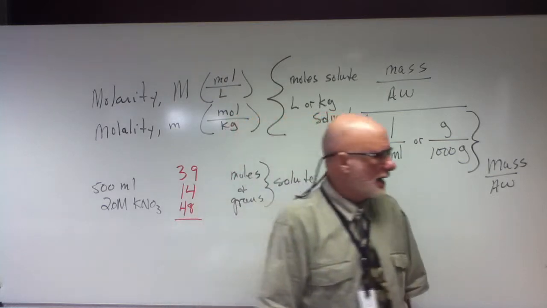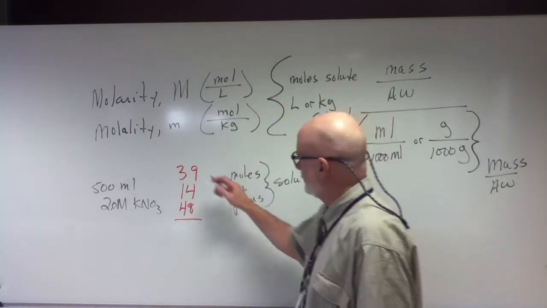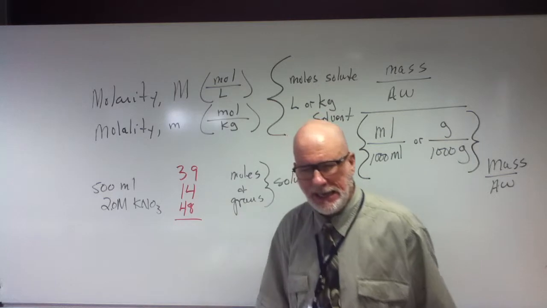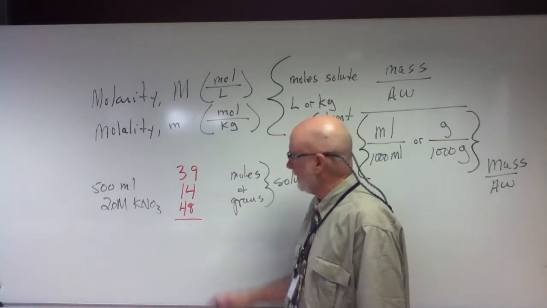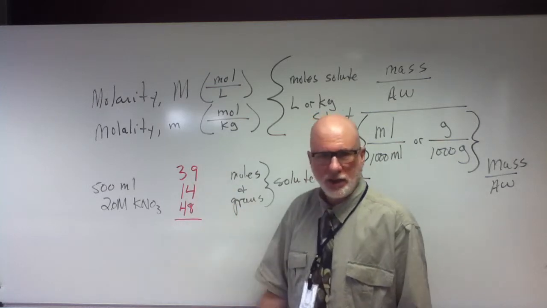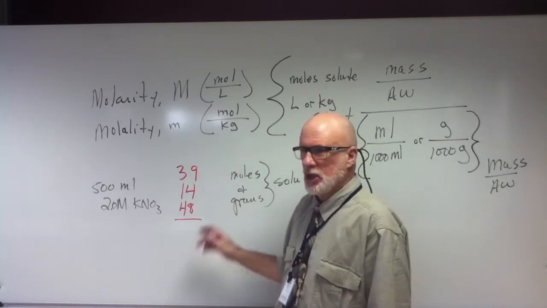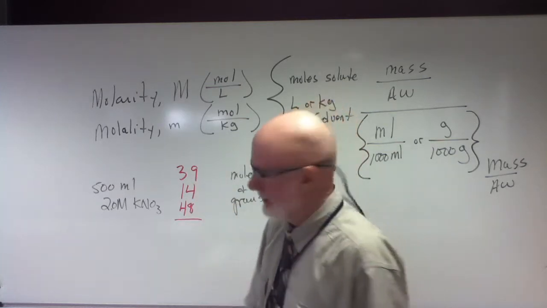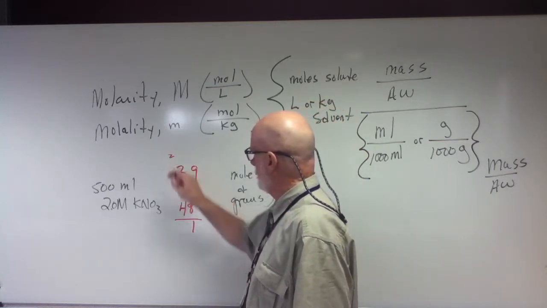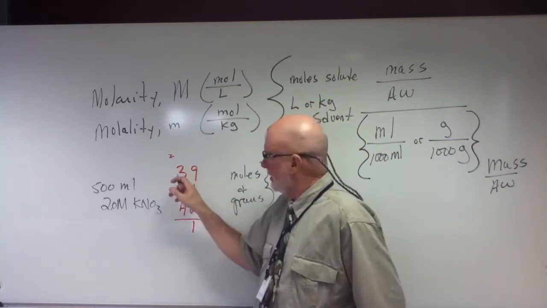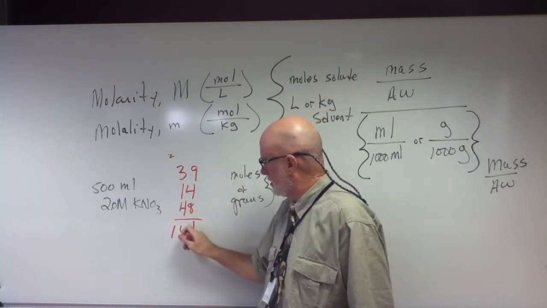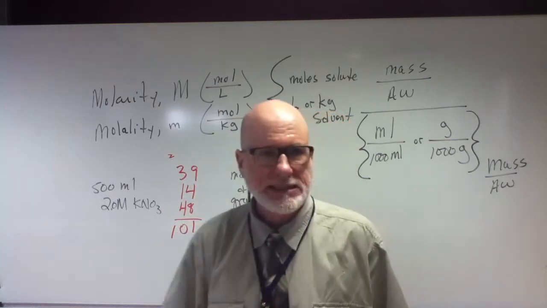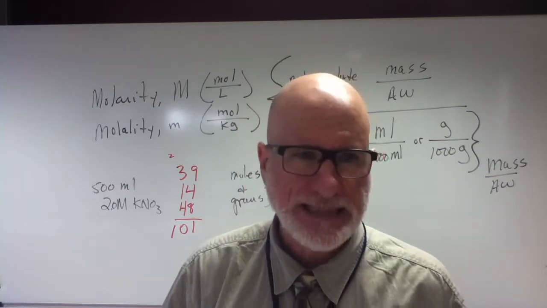So 39 plus 14 is 53, plus 48 is 101. So that's the atomic weight of potassium nitrate.